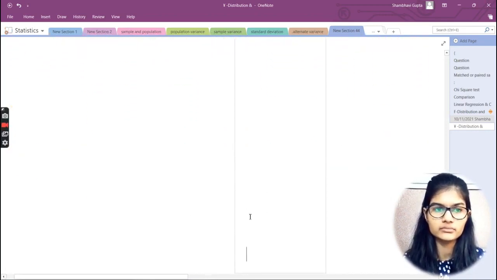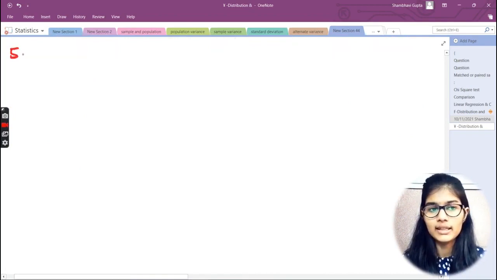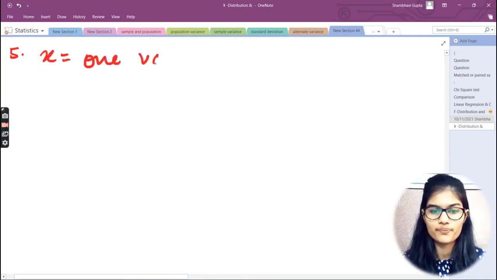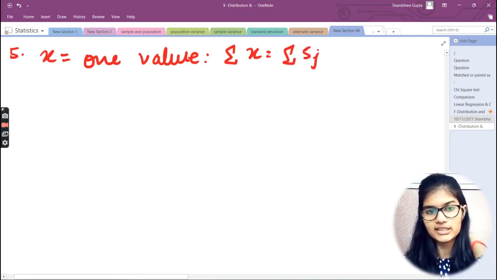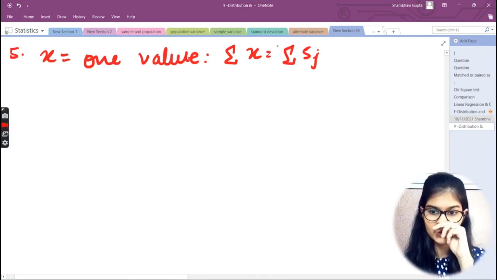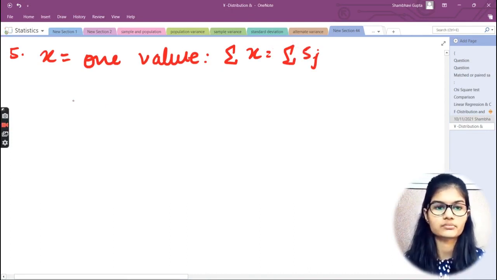Let's come down here. Next we have number 5, small x, that is equal to one value. Sigma x is equal to sigma s of j. Fine.